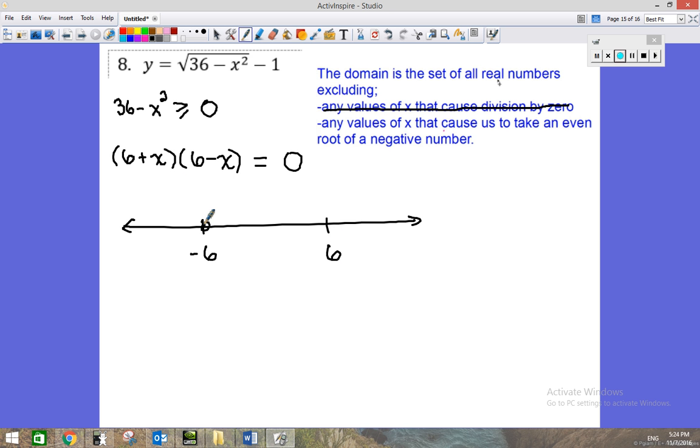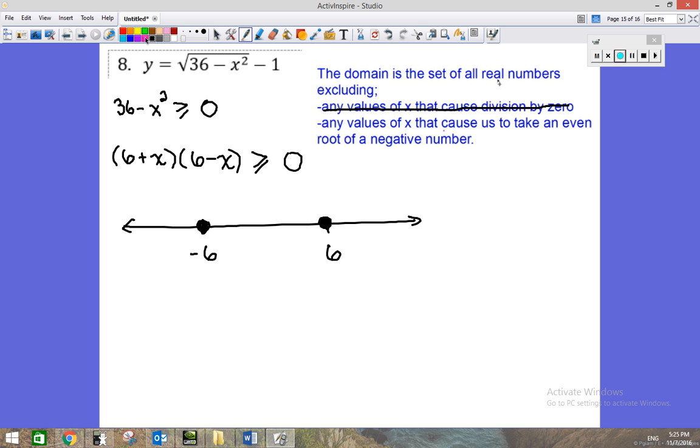I shade these in because the original inequality was not just greater than 0, but greater than or equal to. It's because of this equal sign that I make those solid. If this were strictly greater than 0, both of those points would be hollow points. But I have greater than or equal to 0.